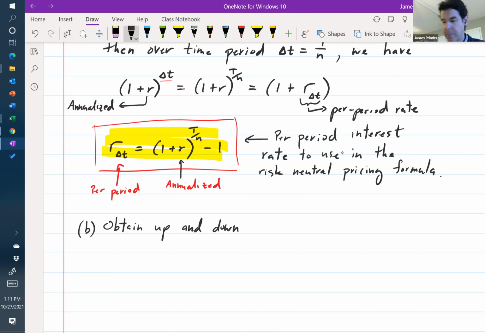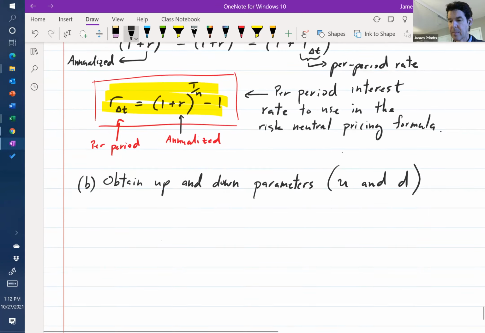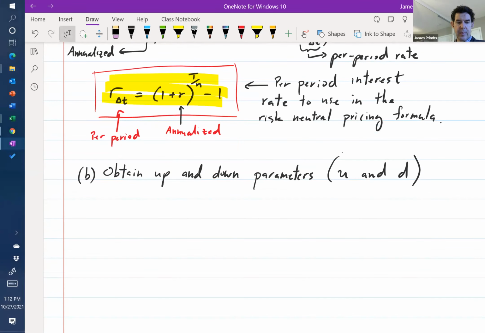Where do those come from? That was the U and the D. All right, so here's the basic idea, and that's what I mentioned up above.